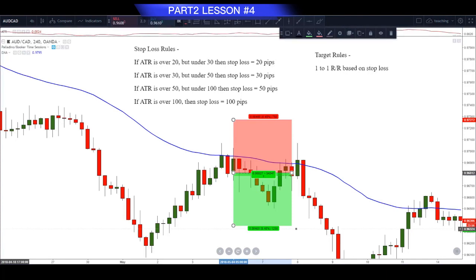Meaning that if we have a 60% chance of winning, and we only win at a 1-to-1 risk reward, we're still going to be ahead and we're still going to have an advantage over the market. And that's what we're trying to implement here using this pullback strategy, is getting an advantage over the market.